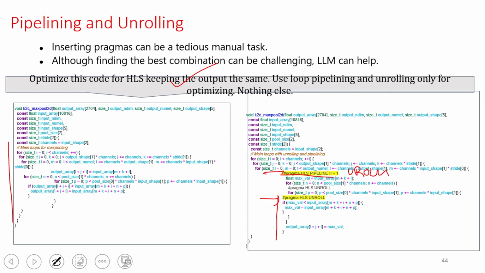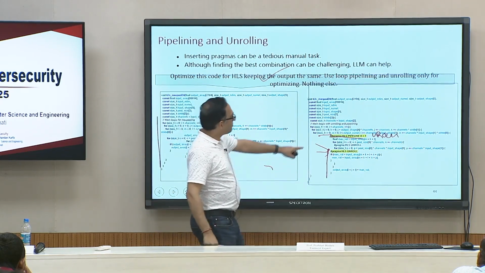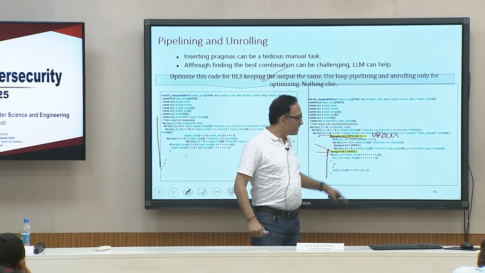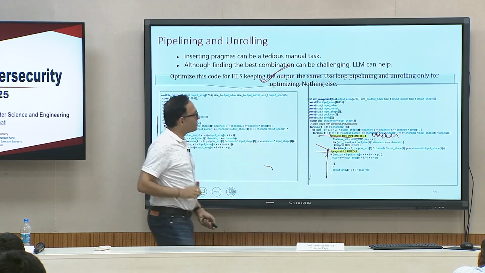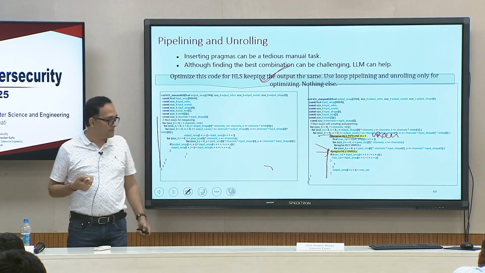If you unroll both loops, it will need n square area, right. So, what they are doing intelligently is that it unrolls the innermost loop, so that instead of 1 function unit, you need n function units, but then you pipeline the entire module, right. So, this is a good decision, and this is basically done by the LLM with this prompt, right. This is the kind of design decision.